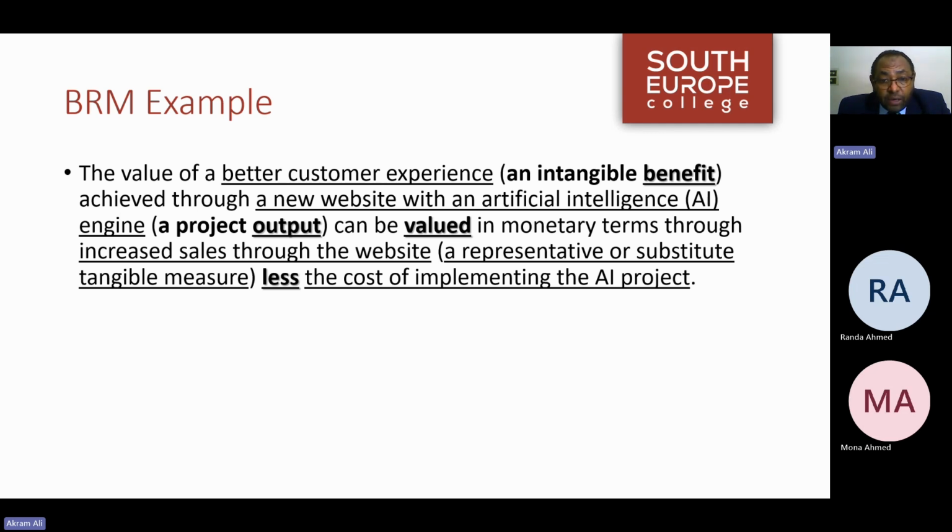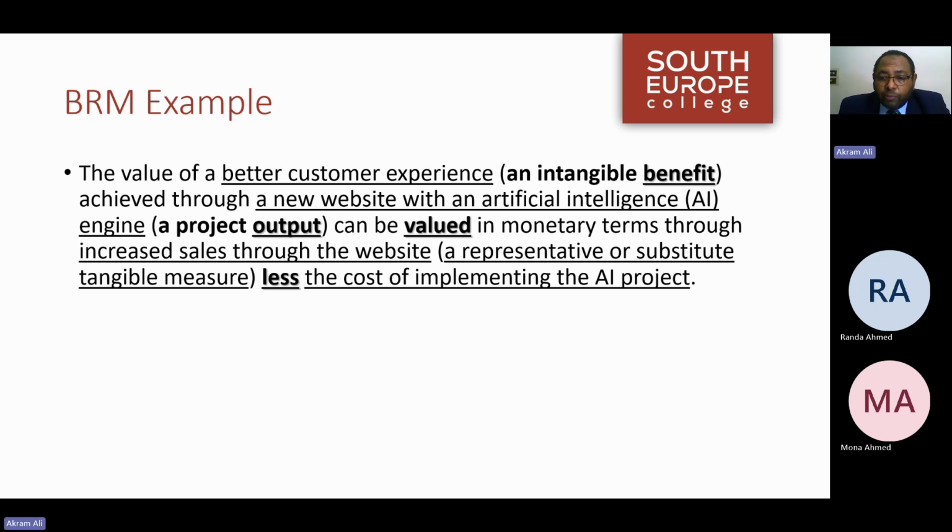And this can be valued in monetary terms through increased sales through the website, which is a representative or substitute tangible measure for the intangible benefit. However, to convert this benefit into value, we need to subtract the cost of implementing the AI project.